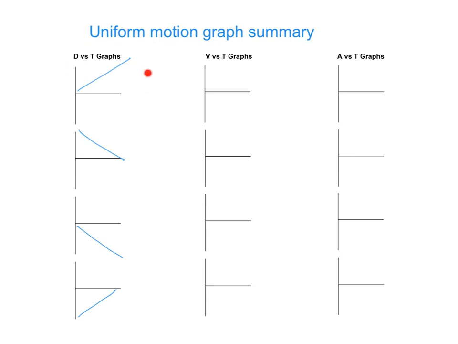So if I look at the first one here, I can say this one's moving away from an origin, and maybe we don't want to even call it an origin. Maybe we want to call it a starting point or a home location. Say it's your home.